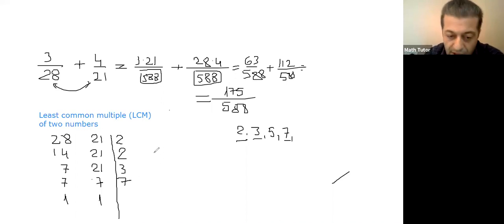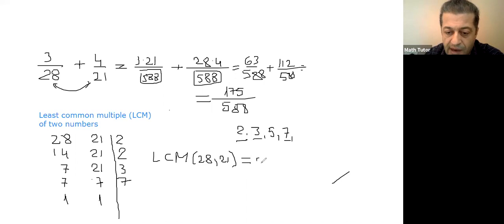And so if we want to find the least common multiple of 28 and 21, it is enough if you multiply these numbers on the right. So we have 2 times 2 times 3 times 7.